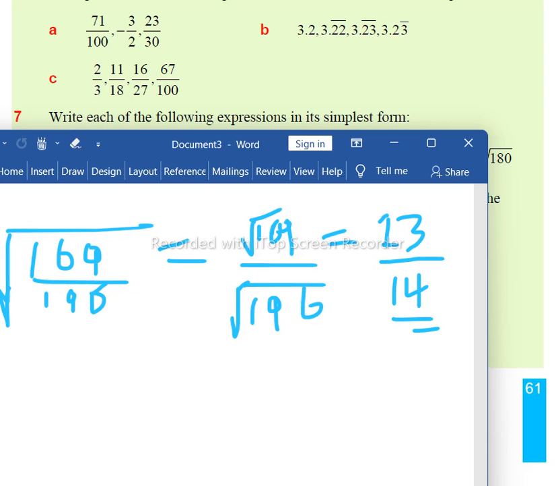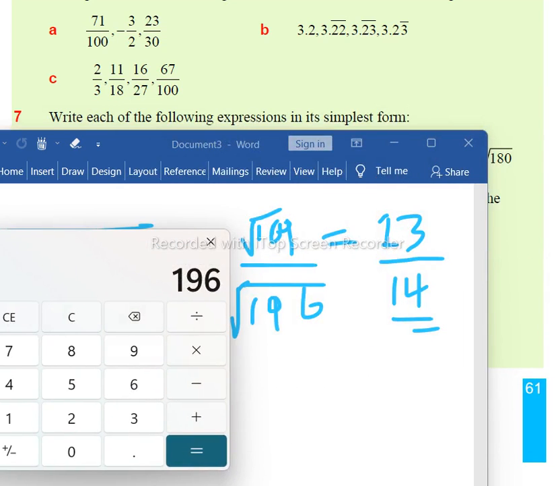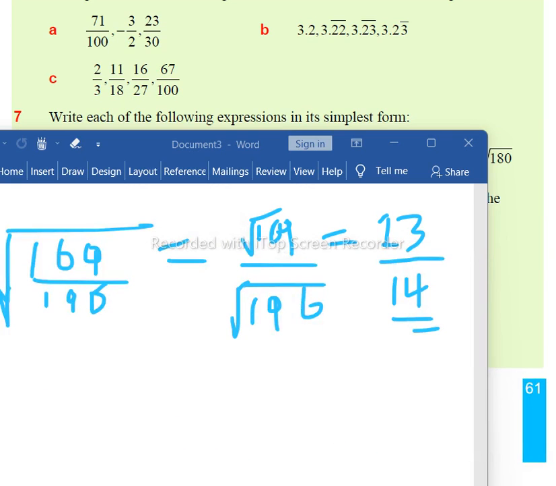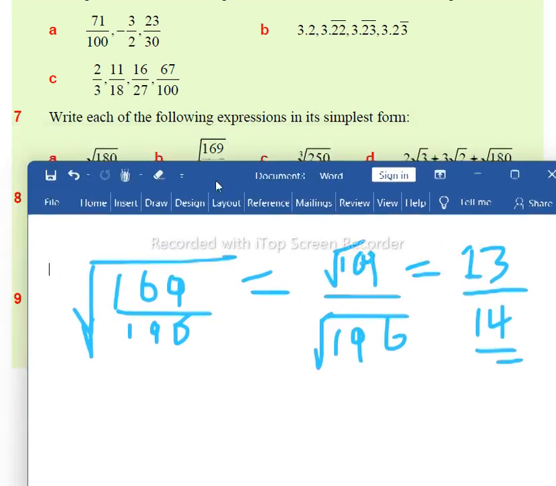So in simple form, we can write like this: 13 over 14. So the simplified form of the square root of 169 over 196 is equal to 13 over 14. So this is all about it.